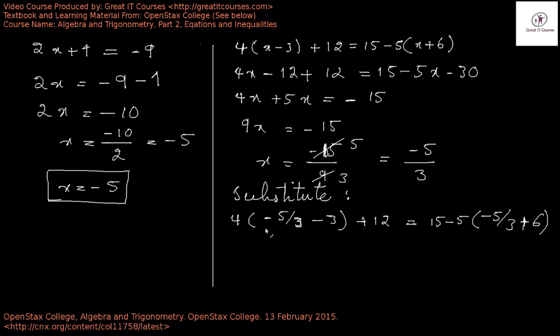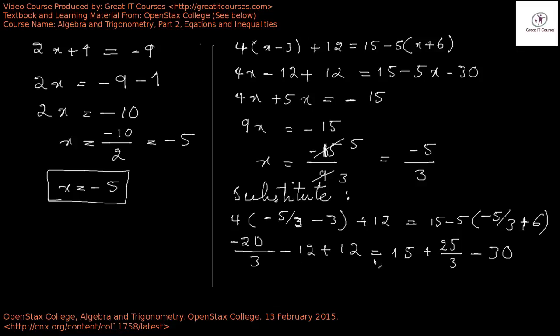And so this would be minus 20 by 3 minus 12 plus 12 is equal to 15 plus 25 by 3 minus 30.